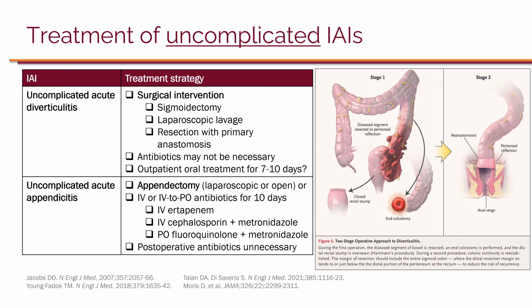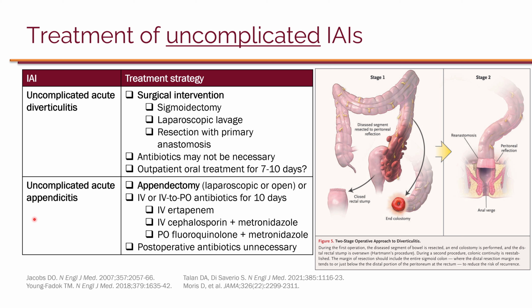So essentially the segment is surgically removed, and the site where this is reattached, the terminology is reanastomosis, and antibiotics may not be necessary for this patient. Outpatient oral treatment for 7 to 10 days has been suggested, but it is not clear if there is a benefit to giving these outpatient antibiotics.